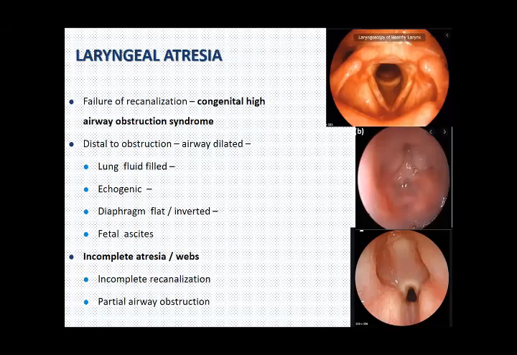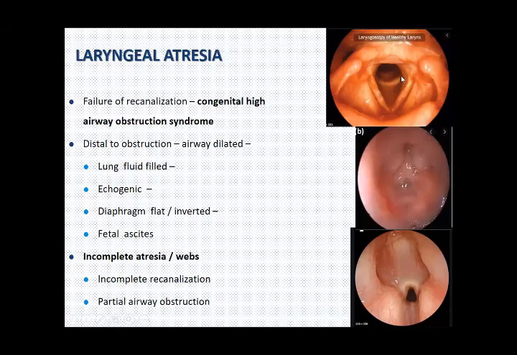Laryngeal atresia. This is what you see in a normal larynx. ये vocal cords हैं, ठीक है, और ये इनकी गिल्स, and this is the opening of the larynx. The vocal cords, the opening of the larynx. ये opening of the larynx, और ये आपको उसकी cartilage नजर आ रही है.